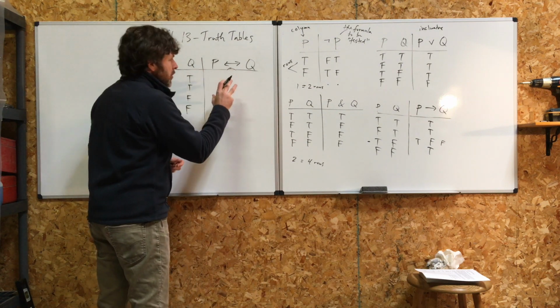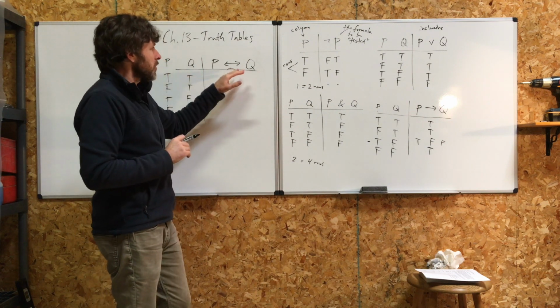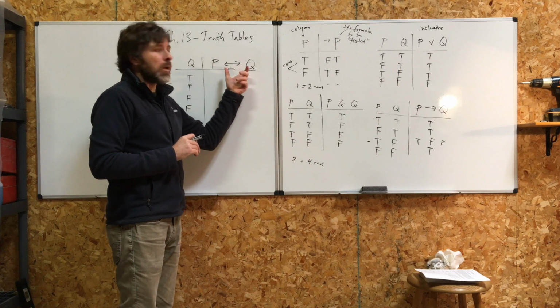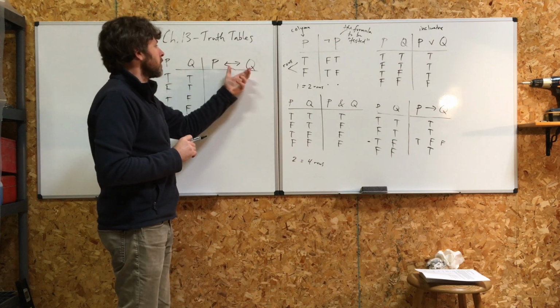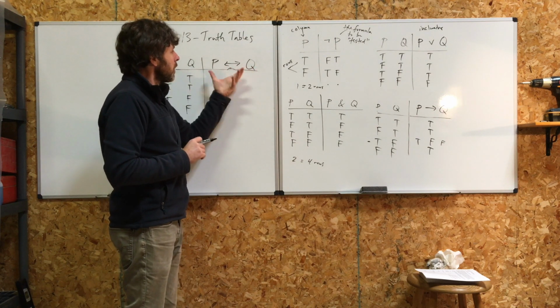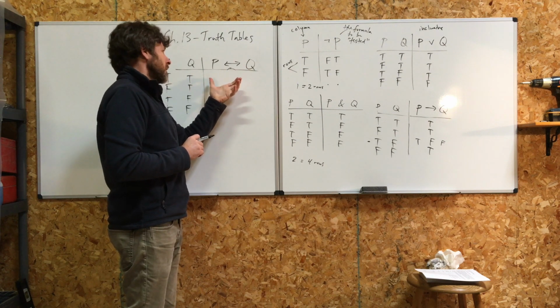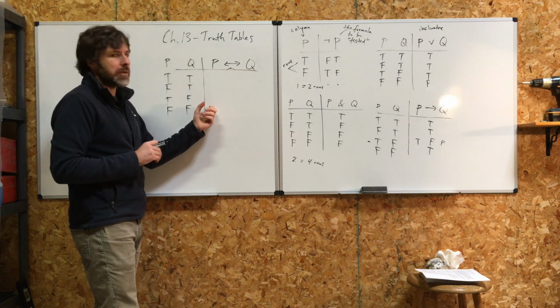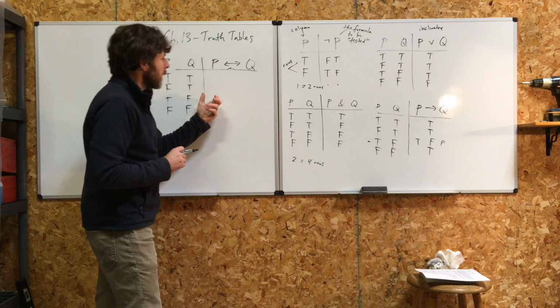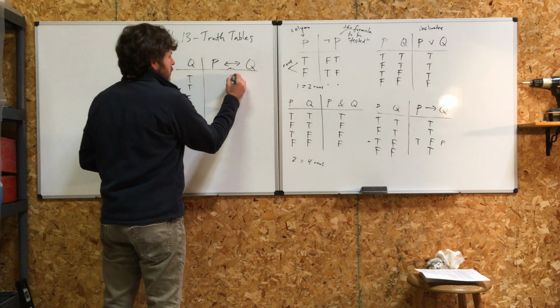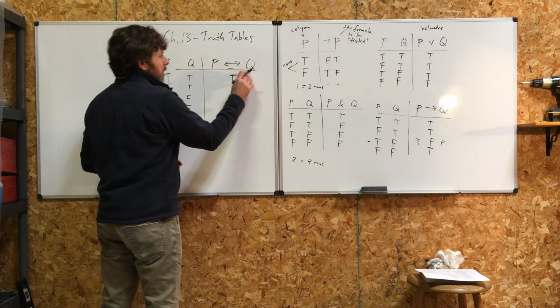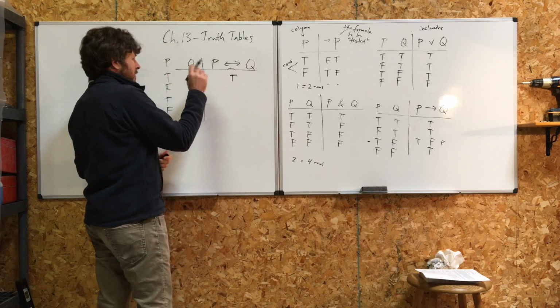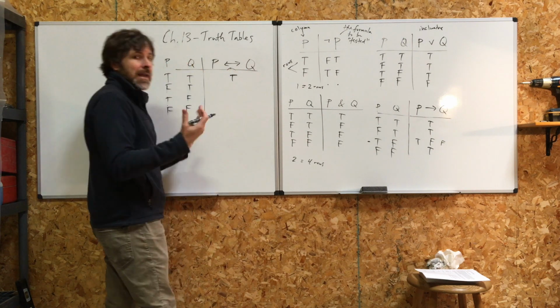All right, biconditional. Remember what a biconditional does. It points to a logical equivalence between 2 statements, between P and Q, which means that they should have matching truth values. And when they have matching truth values, you get a true statement. Something is water if and only if it's H2O. Something is Darth Vader if and only if it's Anakin Skywalker.